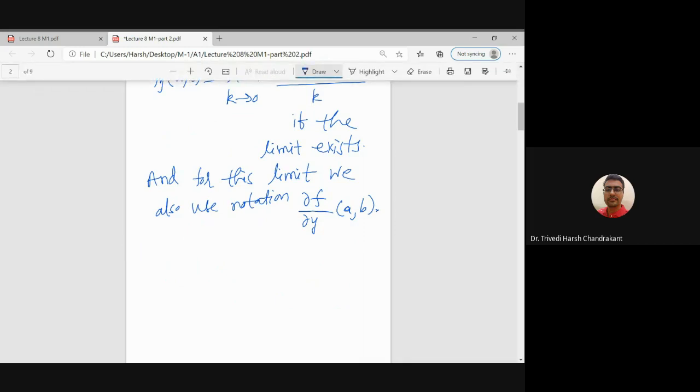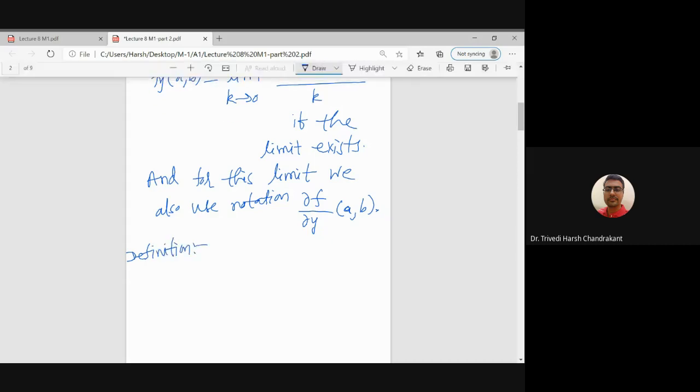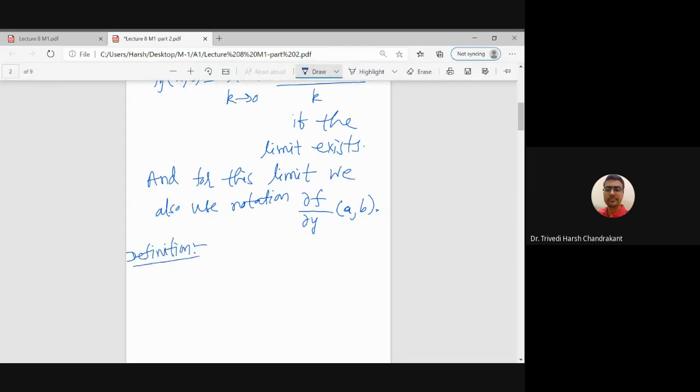So today I think we will not be able to cover the example that we will take in the next lecture. But let me state this definition at least.